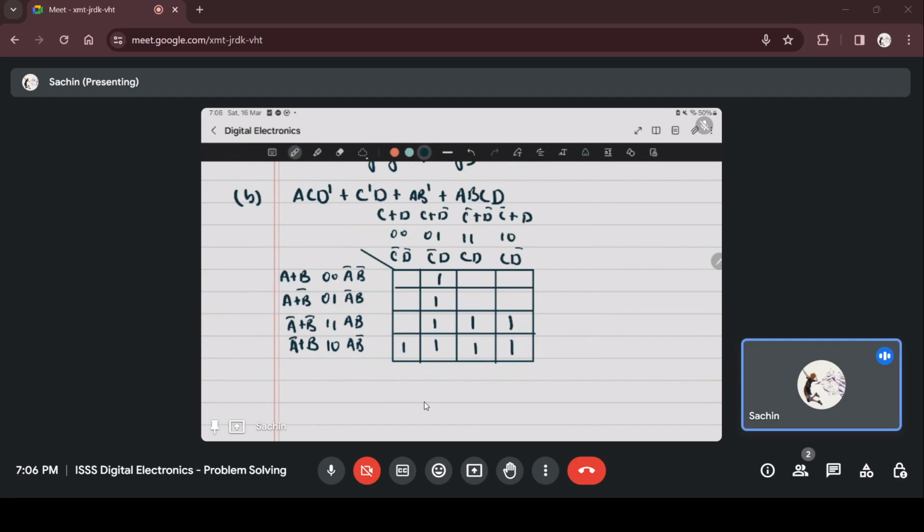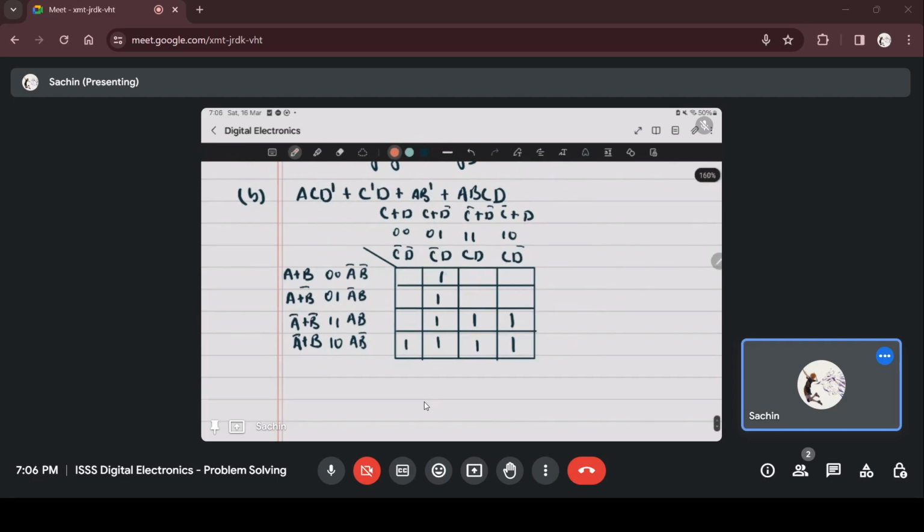So to form the sum of products minimum expression, we can form a quad, another quad, a third quad. You're left with three quads.